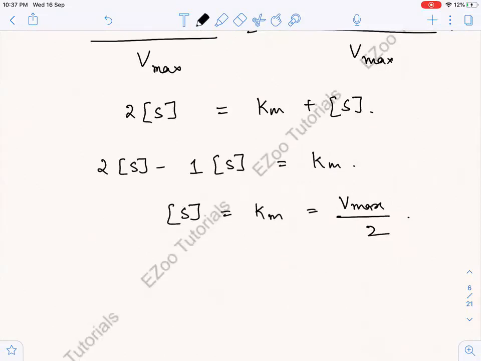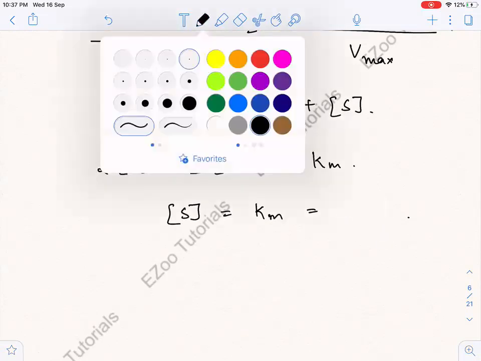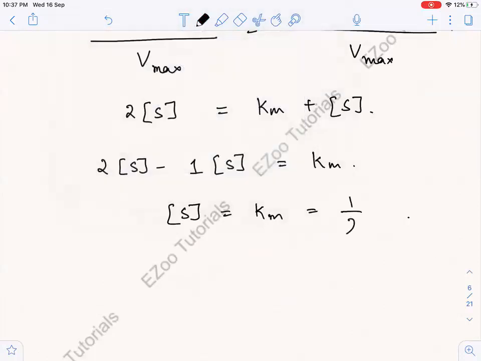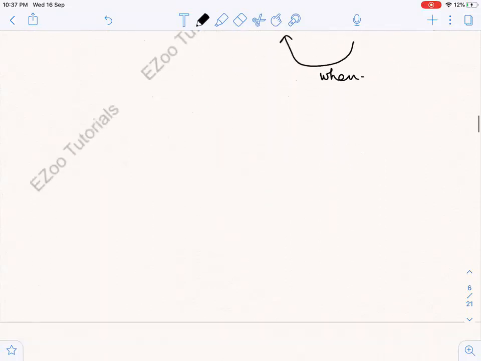When it is half V, I should write it as half Vmax. It says the same thing, but it's a better way to write. So when V is Vmax upon 2, then Km is equal to the substrate concentration. This is what this equation is saying.